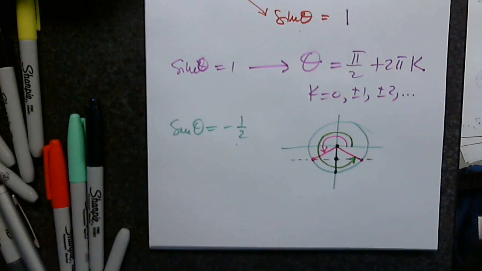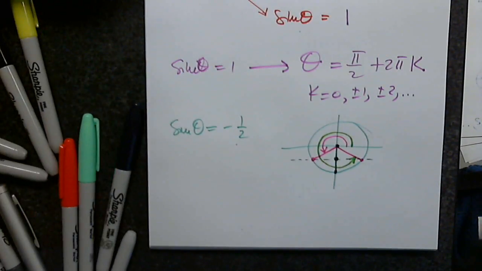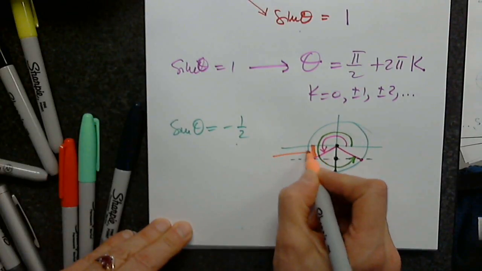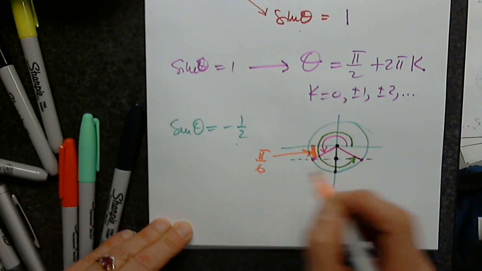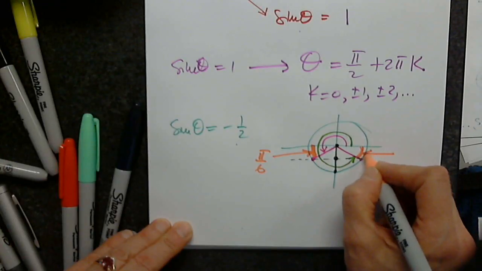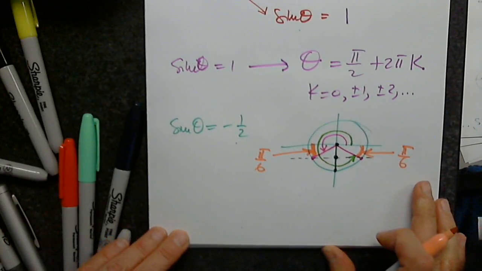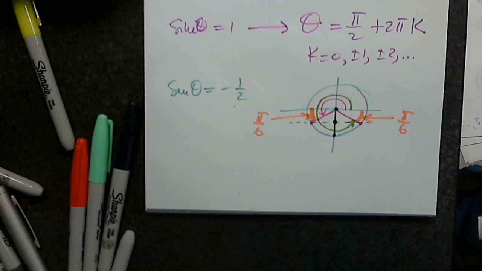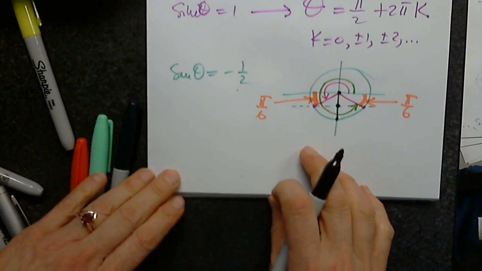Both angles have the same reference angle, which is, thank you very much, pi over 6. So this angle is pi over 6, and this angle is pi over 6. So now, only when I have the reference angle, I can correctly identify the two angles whose sine is negative 1/2.